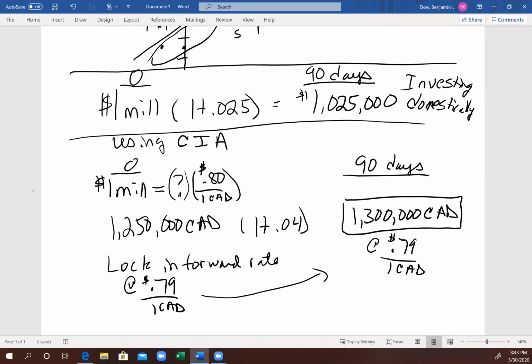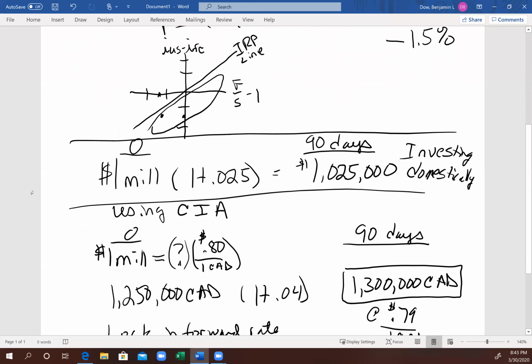You just multiply those two numbers together and you'll end up with 1,027,000 US using covered interest arbitrage.